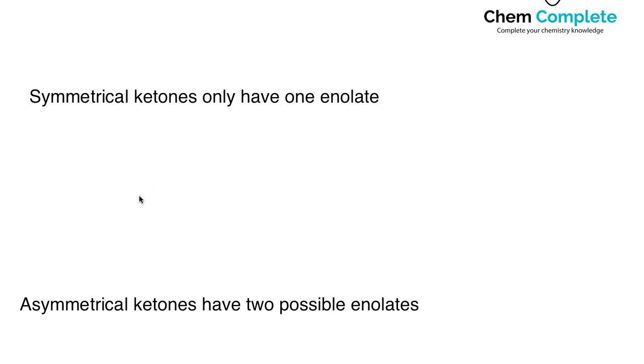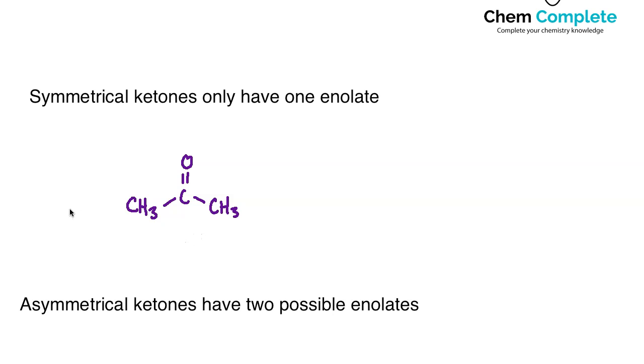So if, for instance, we were to take a look at acetone, which is the example we used throughout the last lecture, acetone is symmetrical. When I say symmetrical, I'm talking about the alpha position to the left and to the right of the carbonyl being identical.